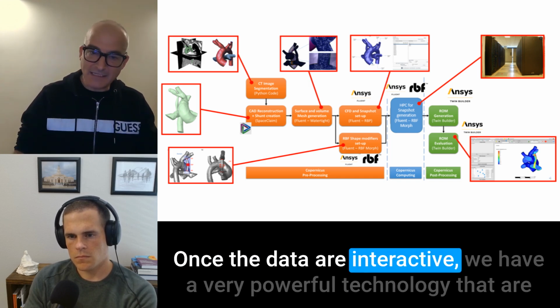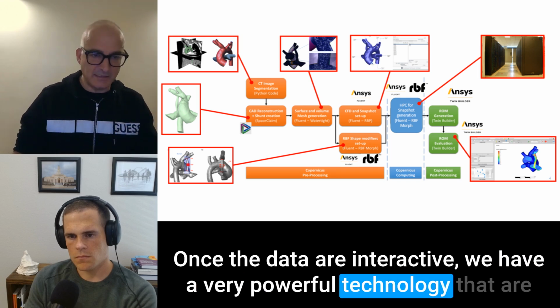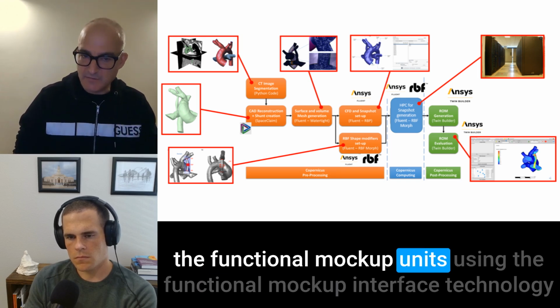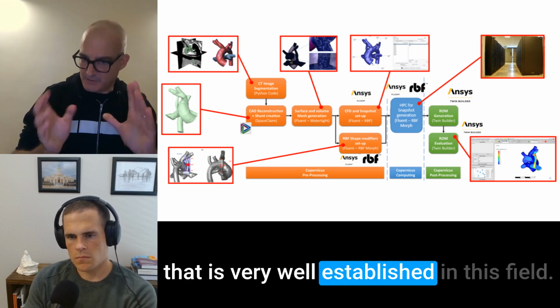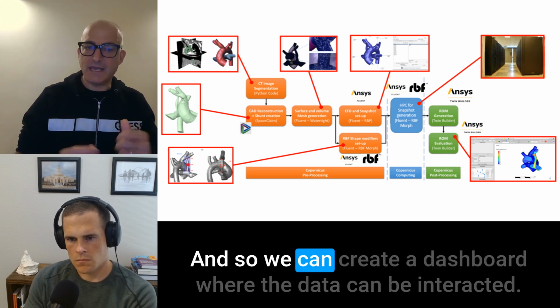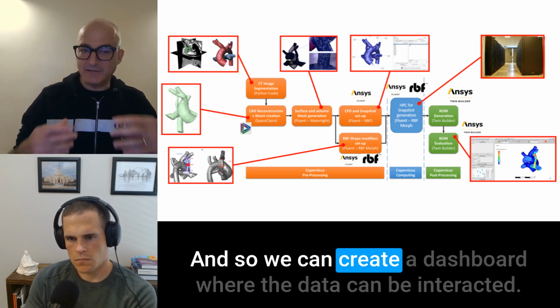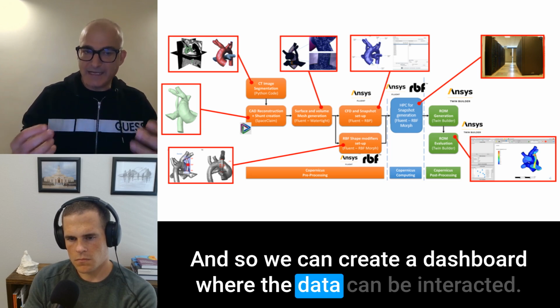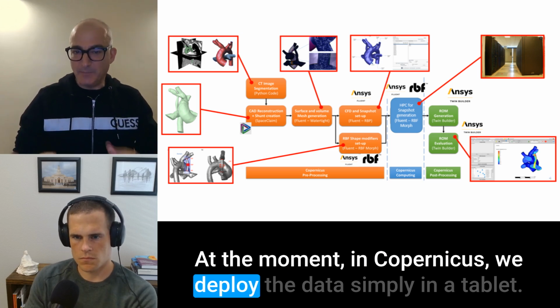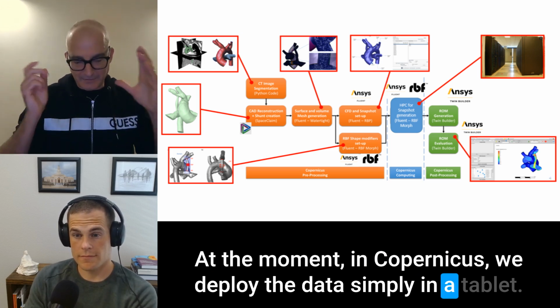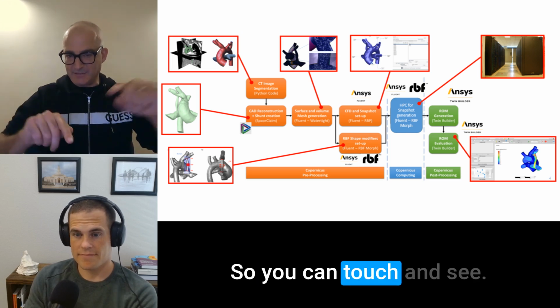Once the data are interactive, we have a very powerful technology, the functional mockup units, using the functional mockup interface technology that is very well established in this field. And so we can create a dashboard where the data can be interacted with. At the moment, in Copernicus, we deploy the data simply on a tablet, so you can touch and see.